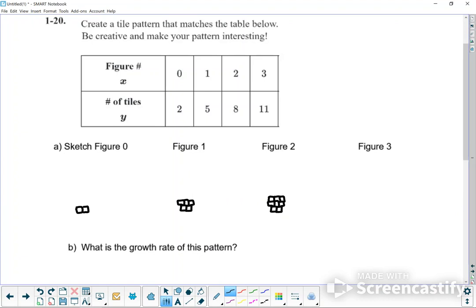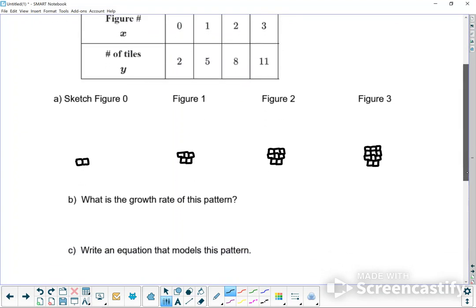And figure 3 is the same as before, but I'm adding 3. So I have 8, and then I'm adding 3 more, which makes 11. So 8, 9, 10, 11. My figure looks kind of boring, but it gets the job done.